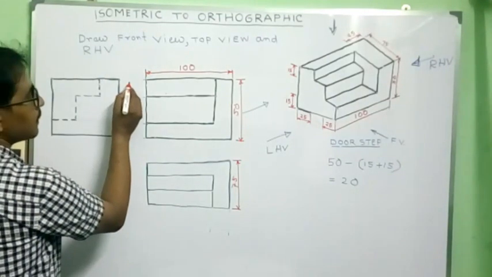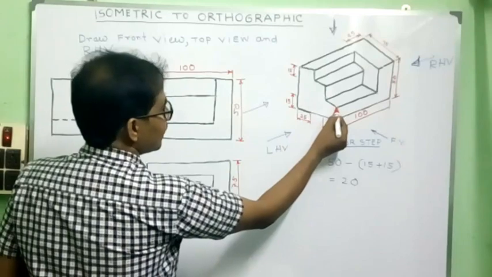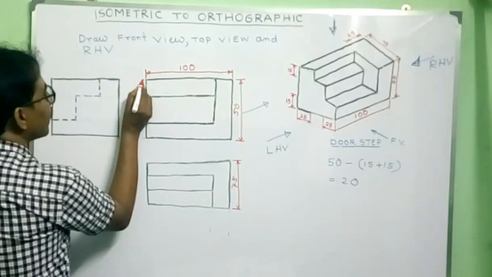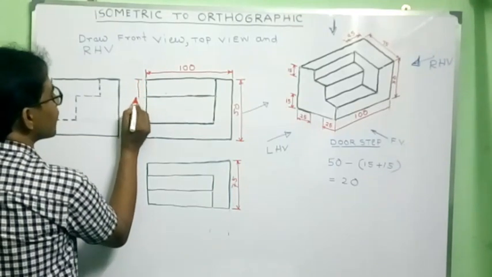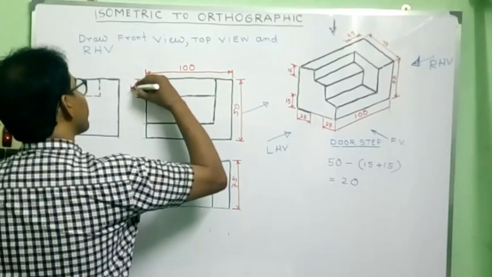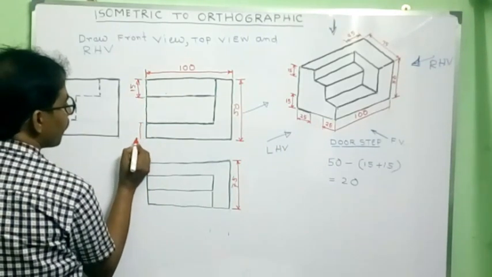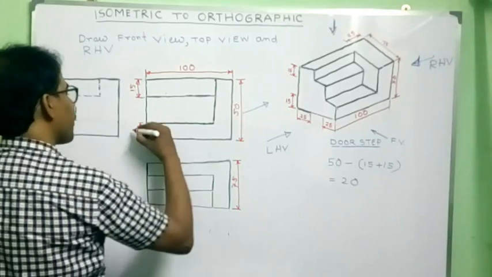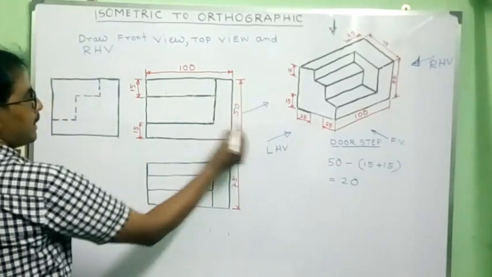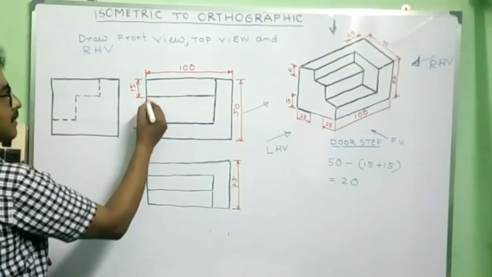Now in front view, this is 15, this is 20, this is 15. So we only mark this is 15, this is also 15, this is 50, this is 15, 15, 30, this is 20.